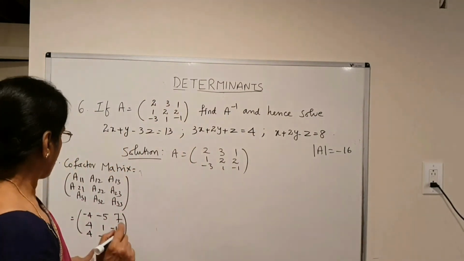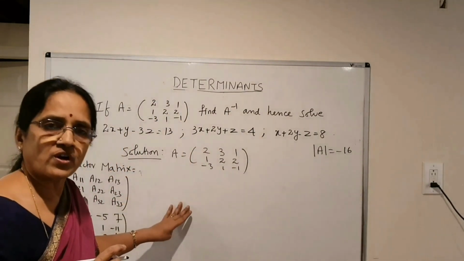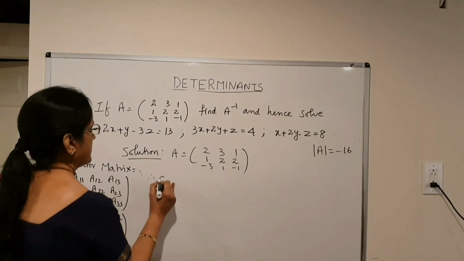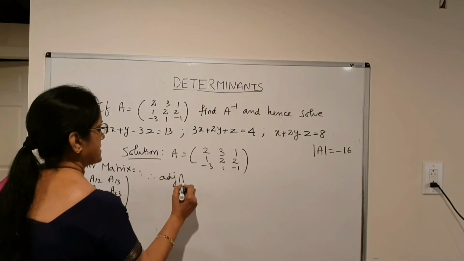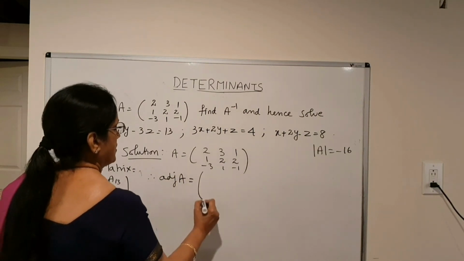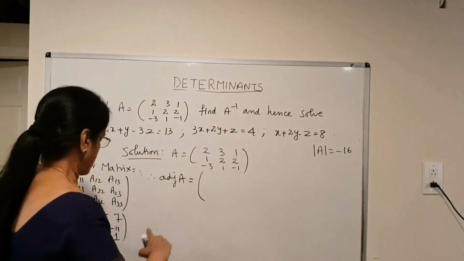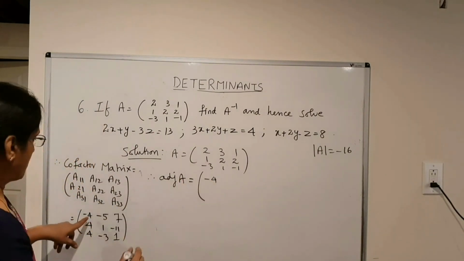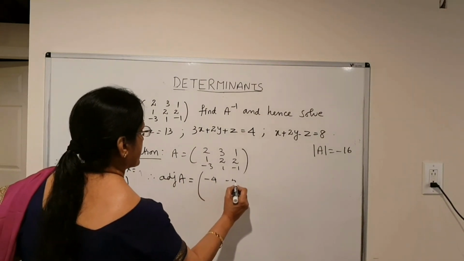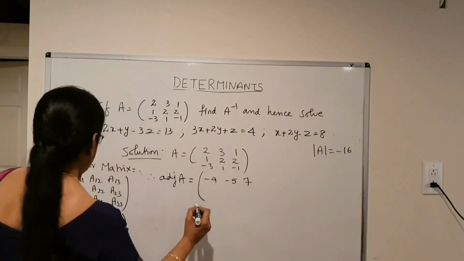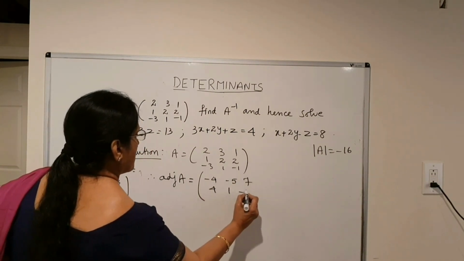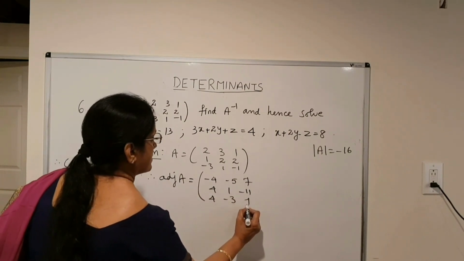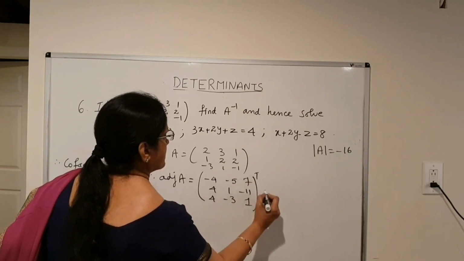Now that I got the cofactor matrix, it is easy for me to write the adjoint of the matrix A. Therefore, the adjoint of the matrix A is equal to the transpose of the cofactor matrix. That is minus 4, minus 5, 7, 4, 1, minus 11, 4, minus 3, 1, the whole transpose.